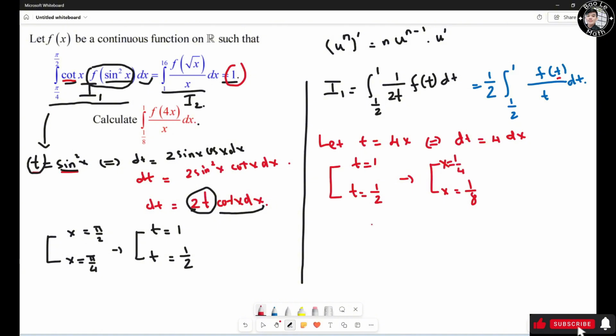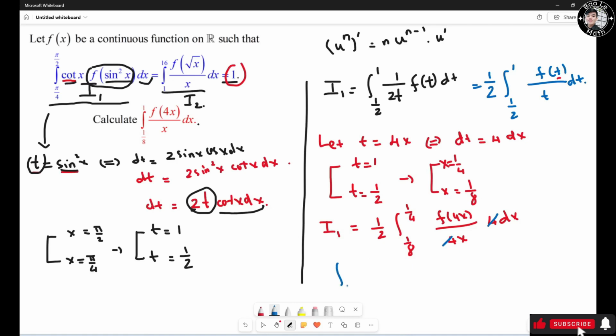So I have the new interval, I1 equals 1 half, the interval from 1/8 to 1/4, f of 4s over 4s ds, right? Now I need to simplify this. So I multiply both sides by 2.